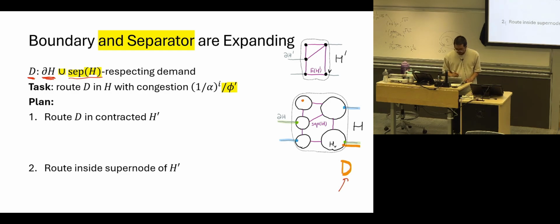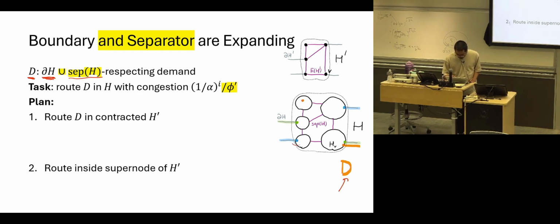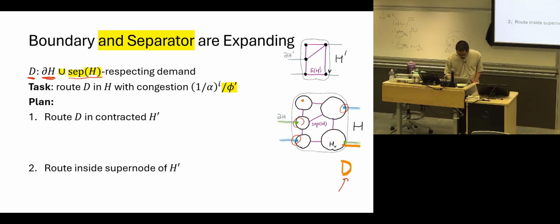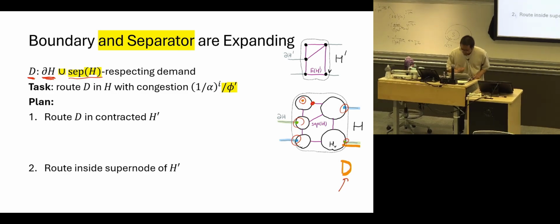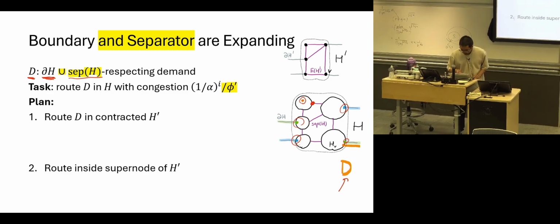You might have some demand between the battery, the blue one, the green one, and also the demand that respects the battery. So this purple one should be here. This orange one should be here. Let's say I want to send flow from the separator to the battery here.